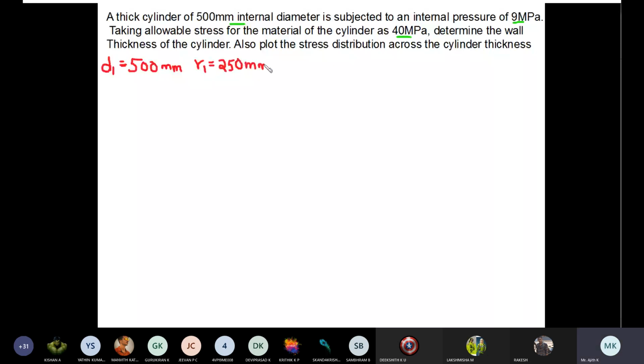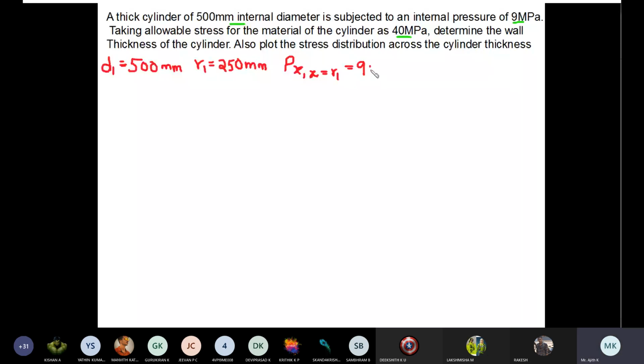It is subjected to an internal pressure of 9 megapascal. Internal pressure, radial pressure, everything is one and the same. So Px at x equal to R1, internal pressure means at internal radius, R1, that is 9 Newton per mm square.